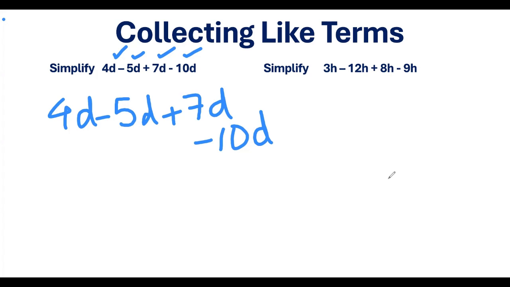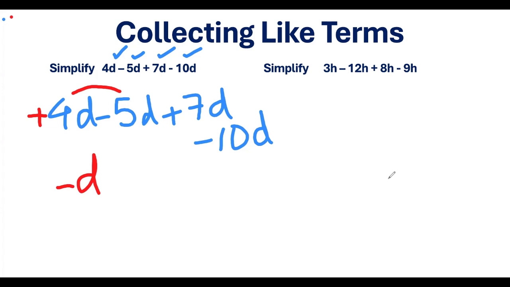Step number 2. 4D minus 5D. These two, I'm solving first. 4D minus 5D will give you minus D. Why minus D? Because when one expression has a plus sign and another has a minus sign, then you have to do subtraction. 4 minus 5 or 5 minus 4 will give you 1D.